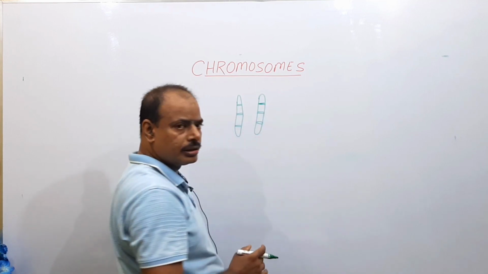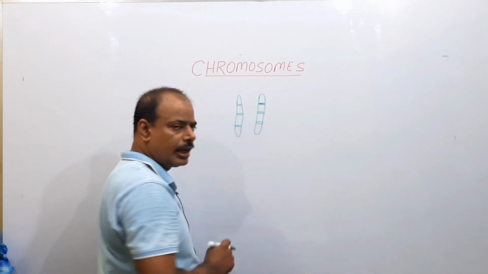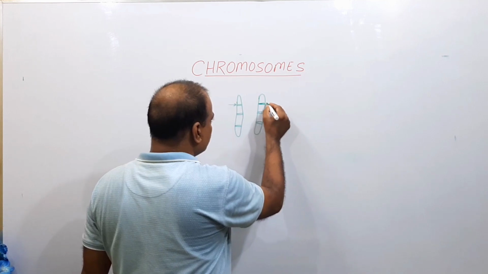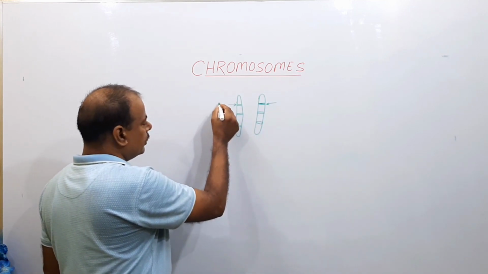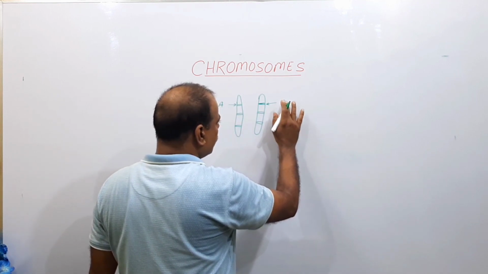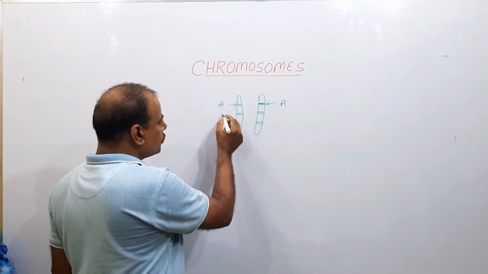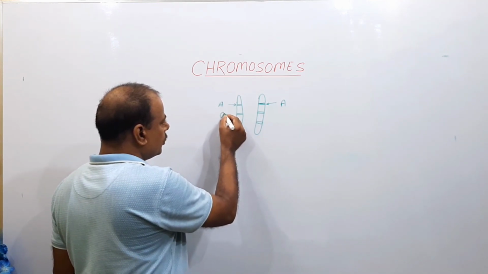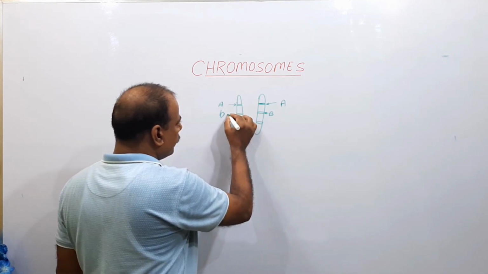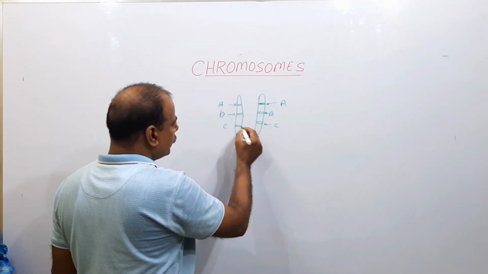On each allele, the specific position has a particular type of gene located there. Here, suppose small b, capital B, here small g, again small g.